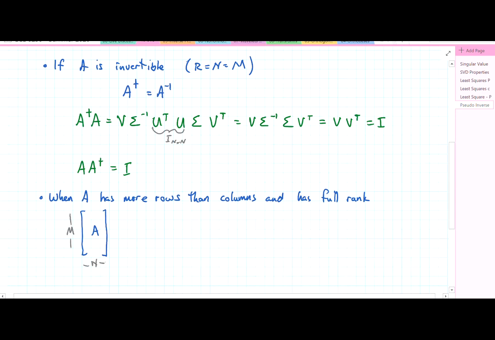And what happens when we have this, we can just define A dagger as A transpose A inverse times A transpose.